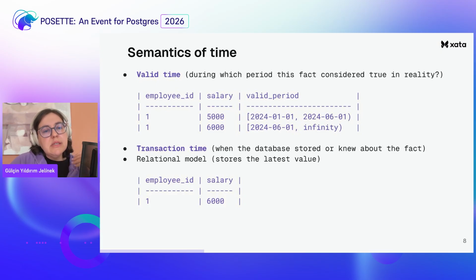Usually in the relational model we don't really have this. When you update the salary, you lose all this information. Then you can't say what the salary was in March, when it changed, or whether there was any overlap or gap. But when you build it into the model, like the valid time model, you can query the overlaps.